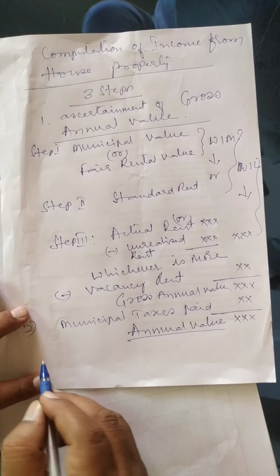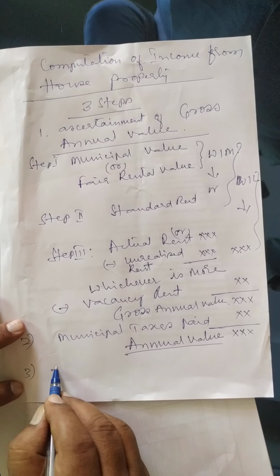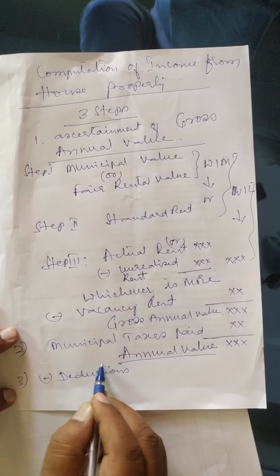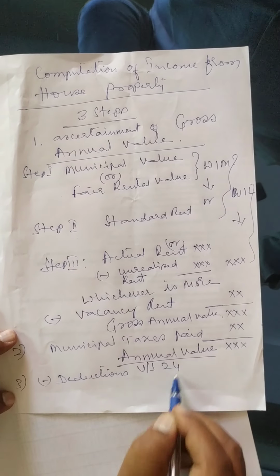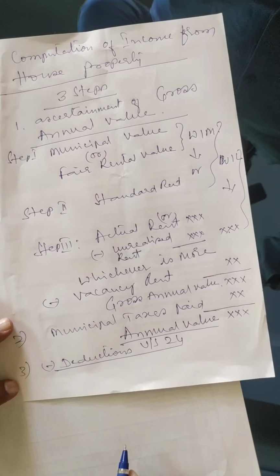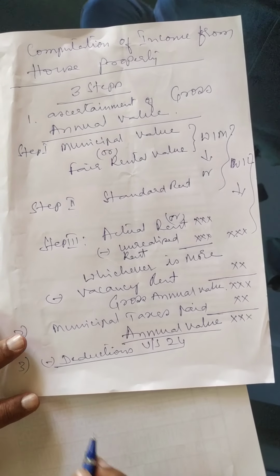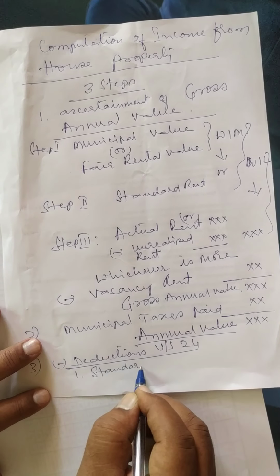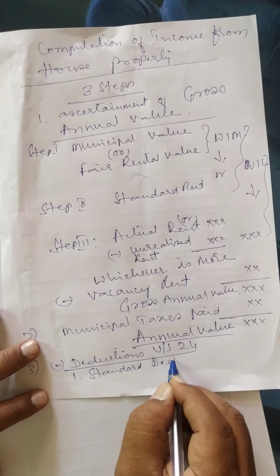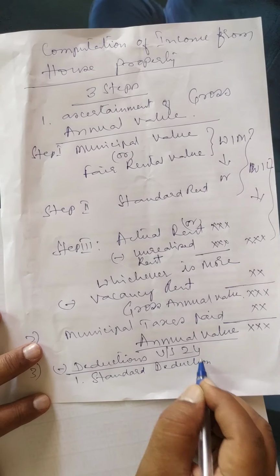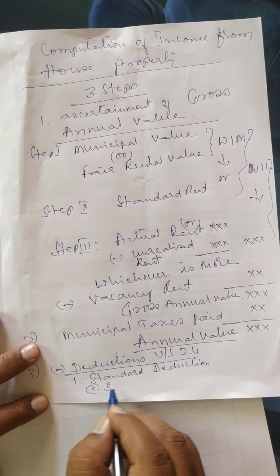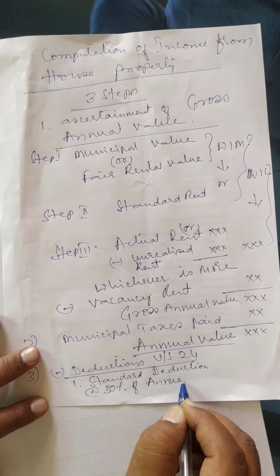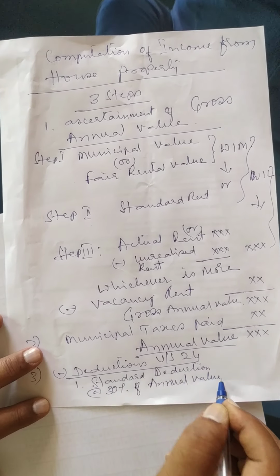From this annual value, under step 3, we allow certain deductions under section 24. Only 2 types of deductions are allowed under this category. One is standard deduction at 30% of annual value.